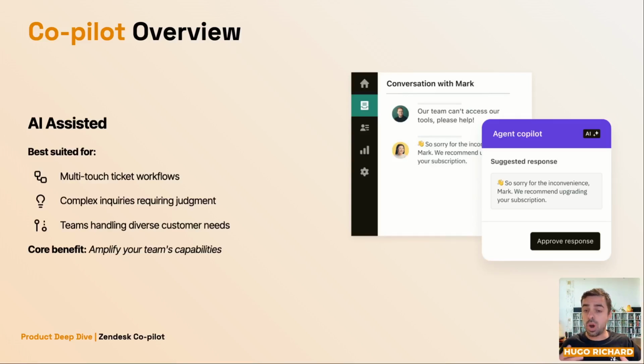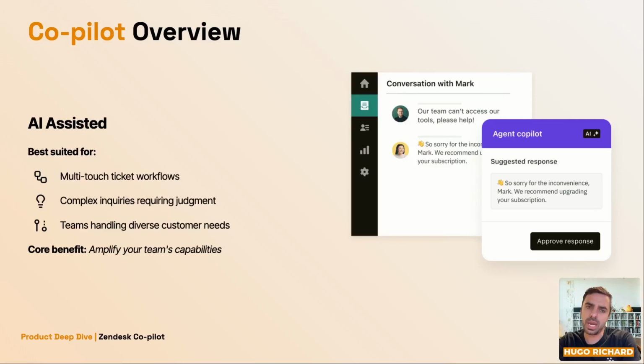It might also require internal escalation and collaboration with different teams. So any type of inquiry that is not easily deflectable, where we could just give a simple reply and the ticket is closed, any inquiry that is slightly complex, this is where Copilot really brings a lot of value to your team.